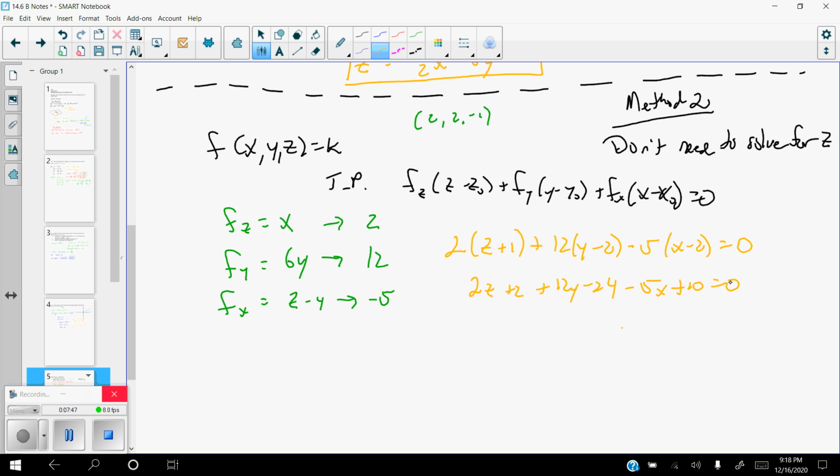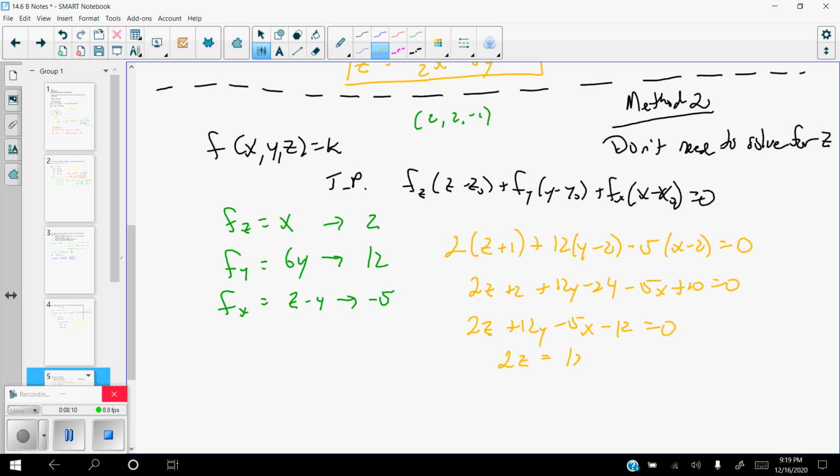We need to solve this for z. So 2z plus 12y minus 5x, combine all my constants: 2 and negative 24 is negative 22, and 10 is negative 12. So now we're going to go ahead and solve this for z, meaning we're going to get everything away from the z.